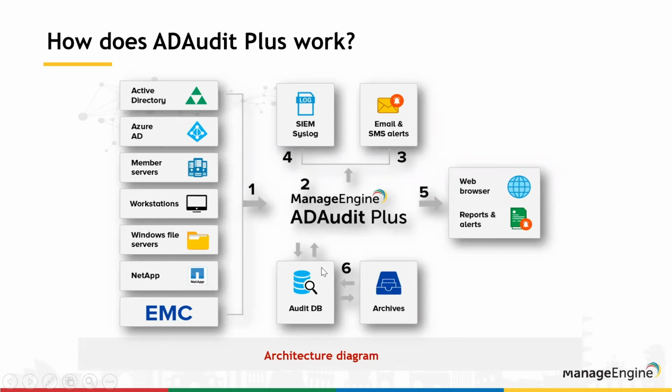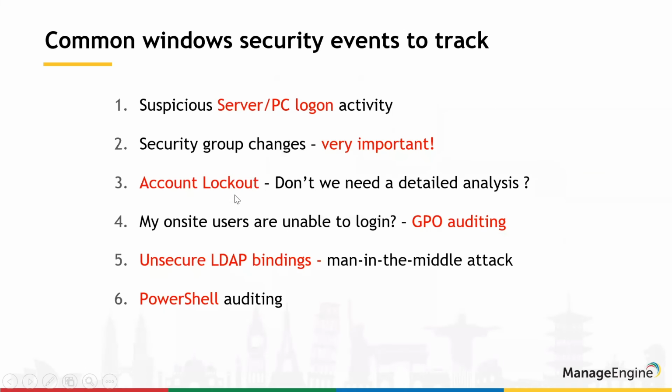And it processes the information in close to real time, and then it displays the information to you in the form of reports and alerts, which you can view through your web browser, right? And it can even forward important events to a centralized log repository, right?